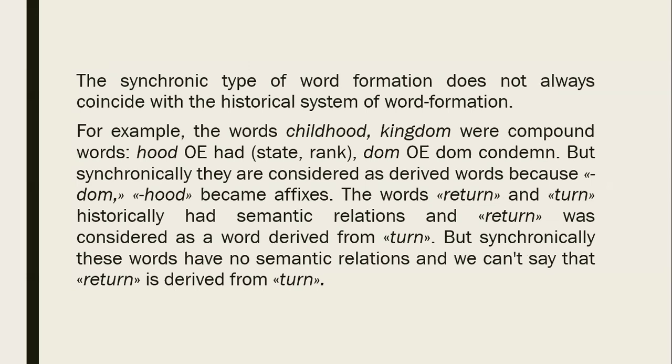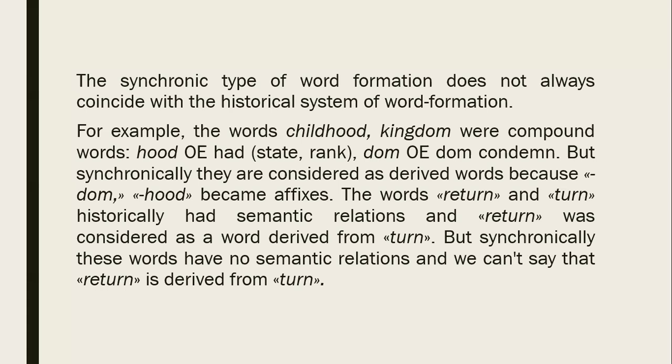The synchronic type of word formation does not always coincide with the historical system of word formation. For example, the words childhood and kingdom were compound words. Hood, Old English had, meaning state, rank, or division. Dom, Old English dom, meaning condemning. But synchronically, they are considered derived words because dom and hood became affixes.